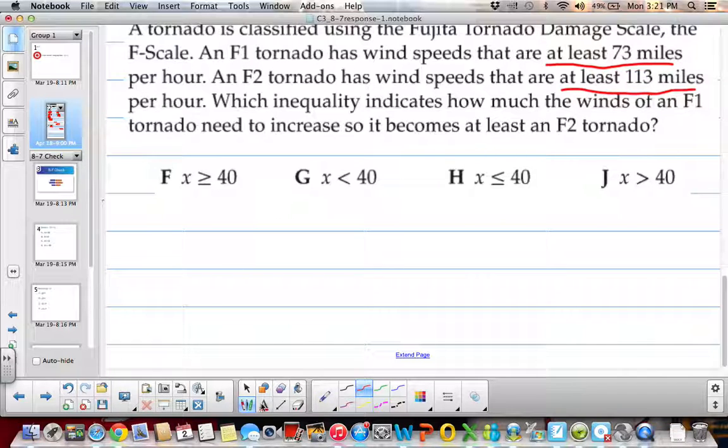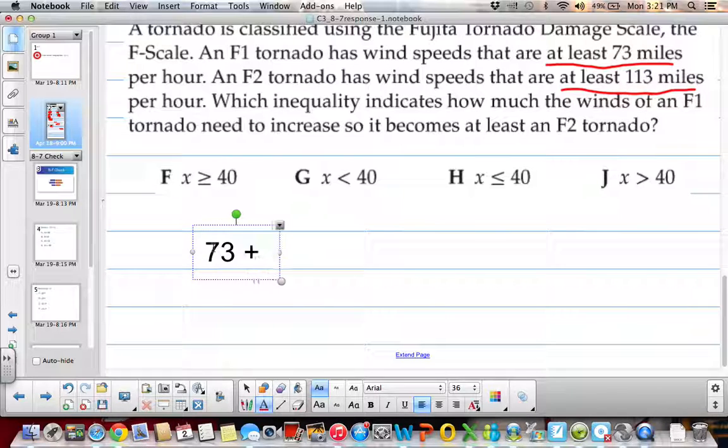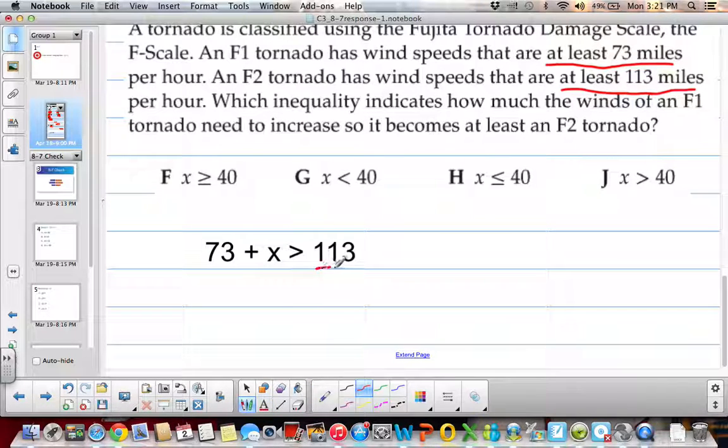So we could go 73 plus X, it needs to be, so it becomes at least, so that means it needs to be at least 113 or more. So it's going to be greater than or equal to 113.